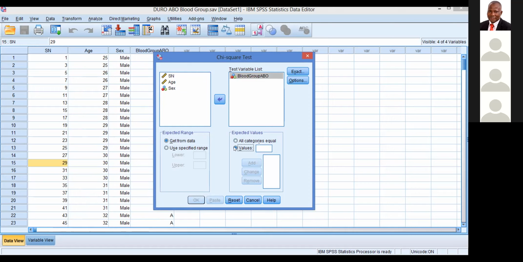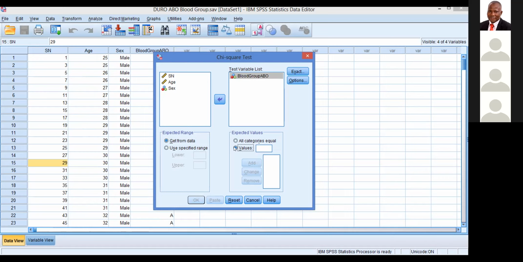If there are 5 categories, it will be 20 percent each. It is only applicable if the expected frequency is the same. Here, the categories are not equal, as we have done it.